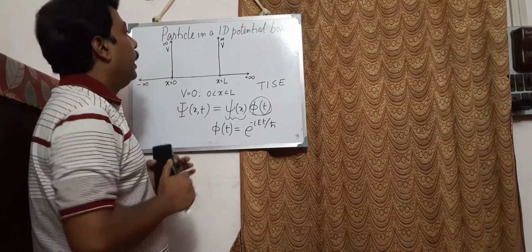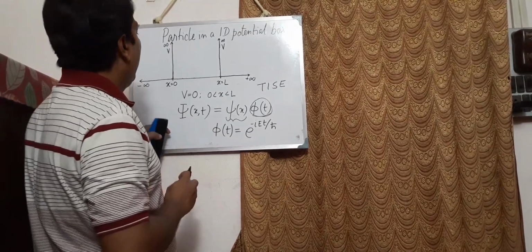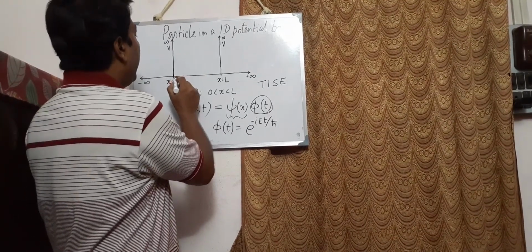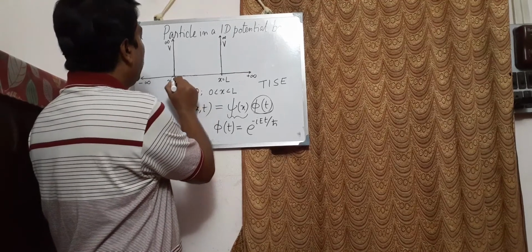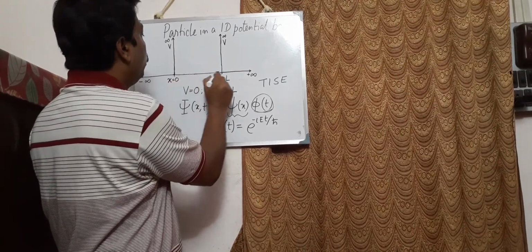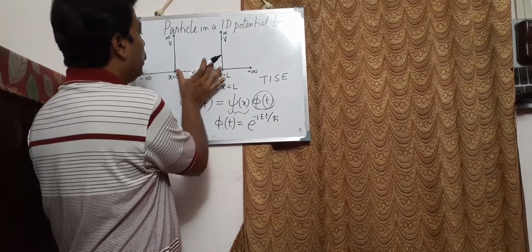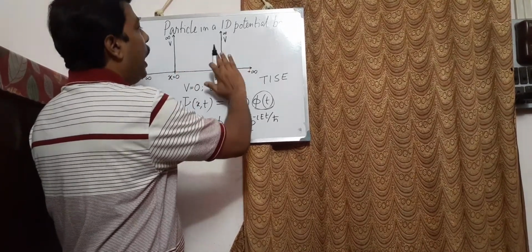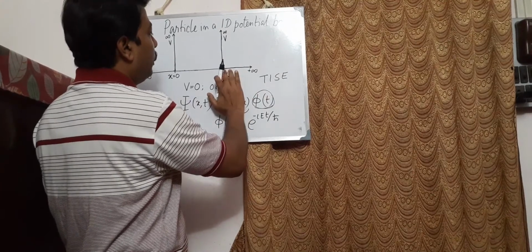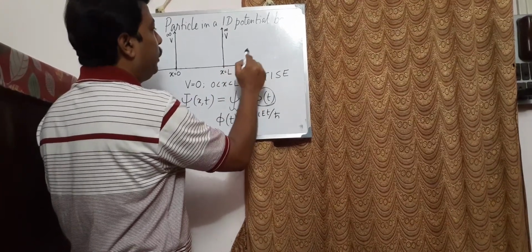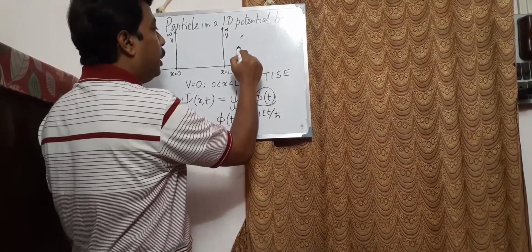Now please note one point which is important, that according to our condition, the particle is allowed to move only between x equal to 0 and x equal to L. So it can exist only within this region. Outside this region, that means from L to plus infinity, the particle can never exist.